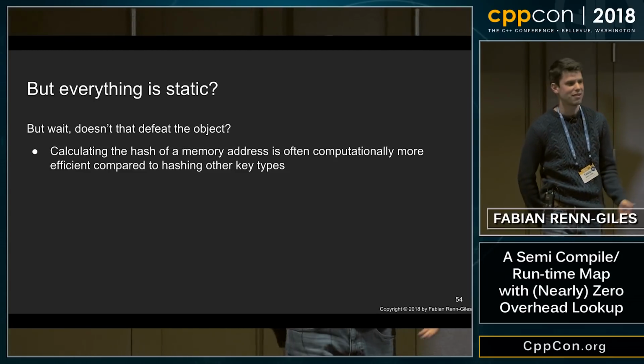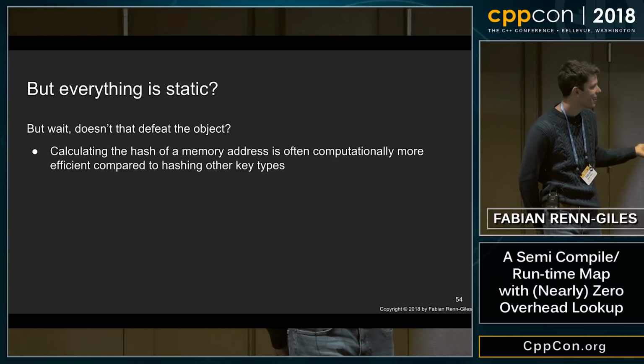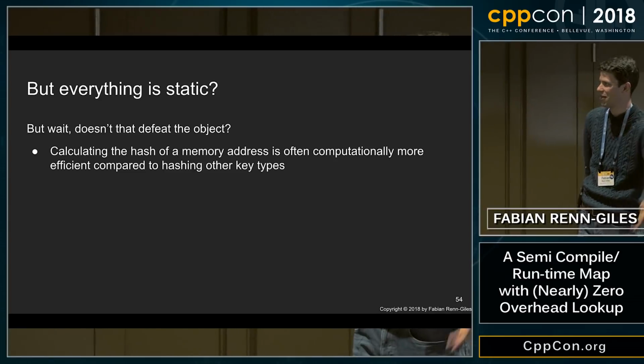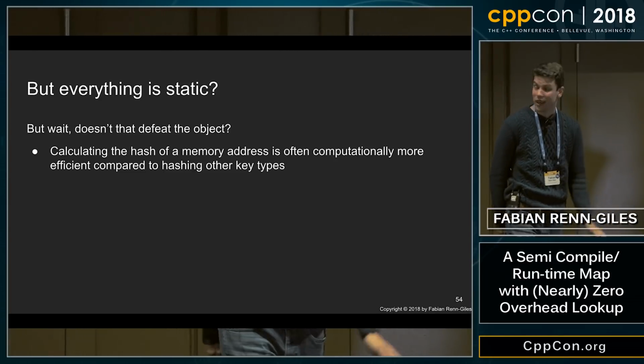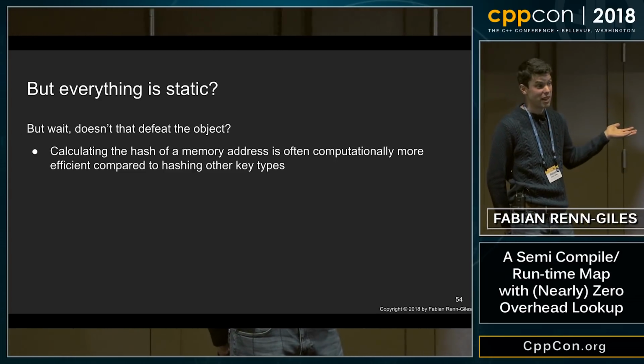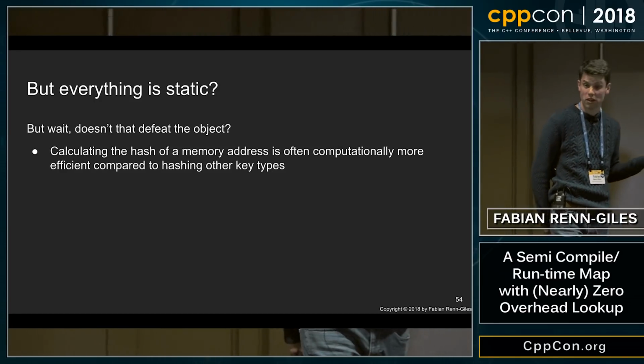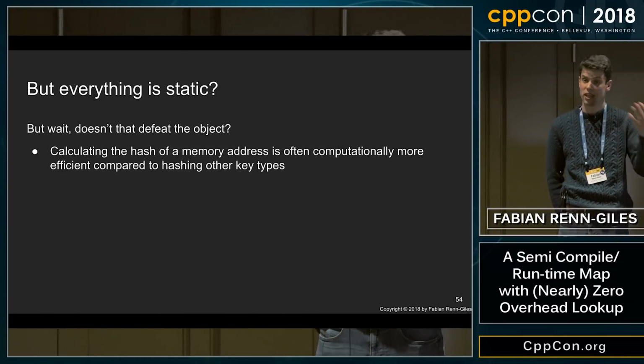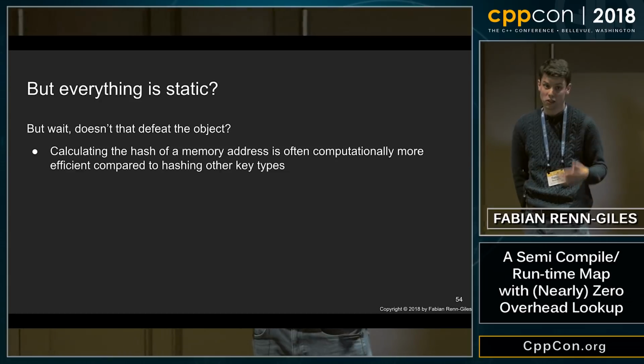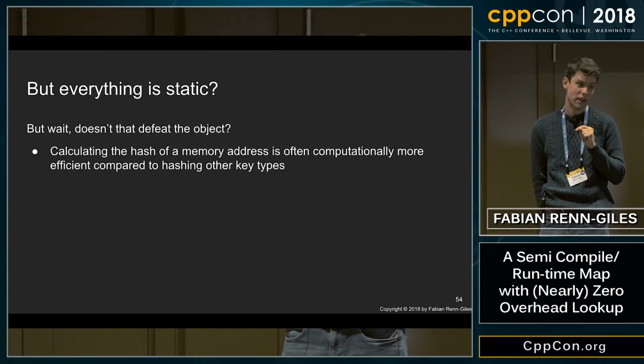Well, doesn't that defeat the whole point of my talk, right? I'm using a runtime map again. Well, not always. Calculating a hash from an address is of course much faster than calculating a hash from a string or whatever more complex type. So in these cases, this version is still faster.